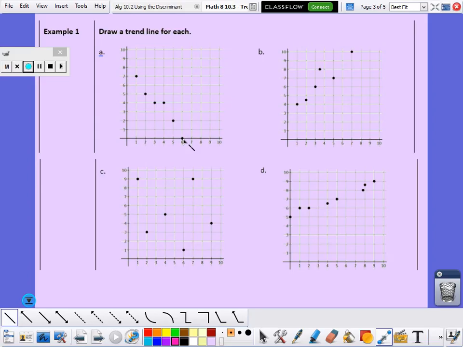So we're just going to draw a line that hits as many points as we can and keeps the data nice and close to that line. So my line is going to look something like this. It hits two of my data points. It has two above the line here and then one point below. So there's my first trend line. I should do one with arrows on it.